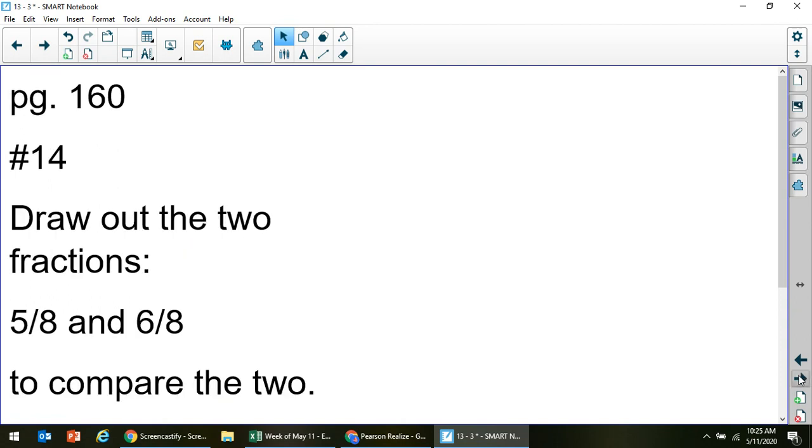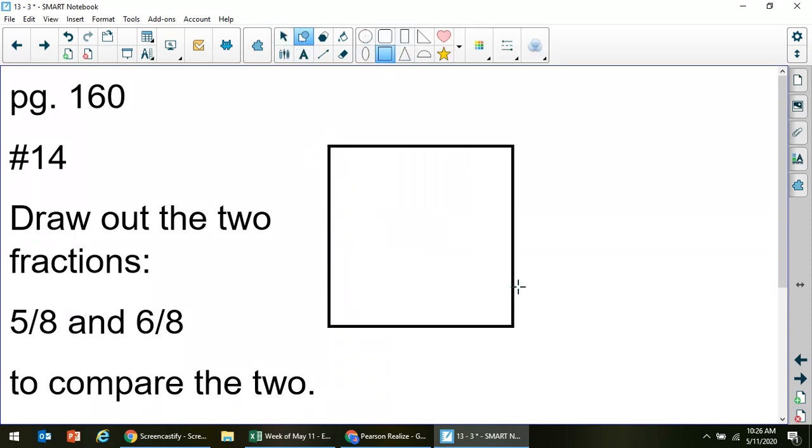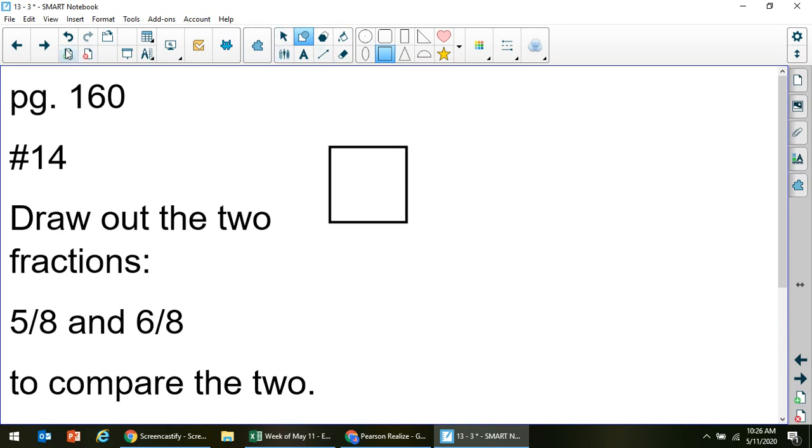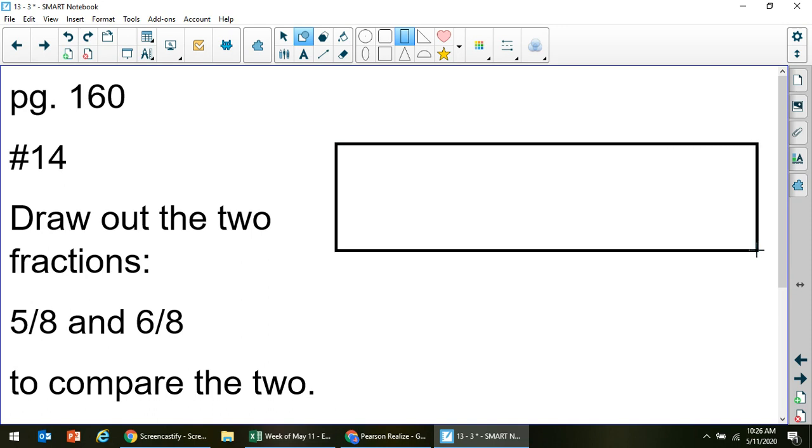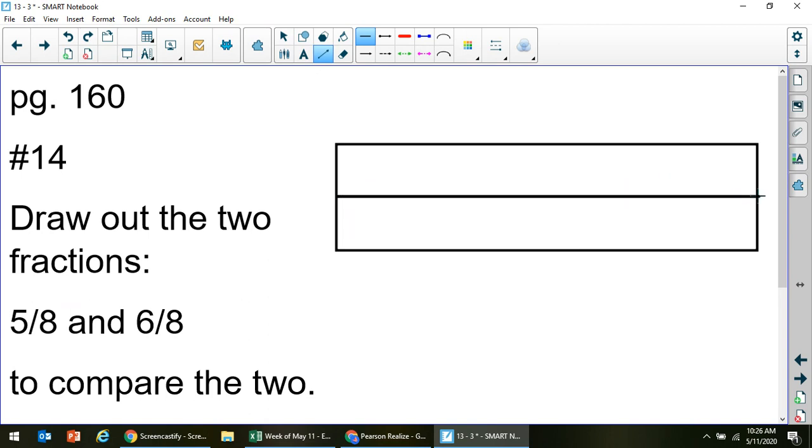For number 14, you need to make sure you draw out the two fractions, 5/8 and 6/8. Make sure they're the same whole. So when you're drawing your eighths, make sure you make it exactly the same. So I would draw my large fraction strip, okay? And then I would split it into eighths and eighths because they're both split into eighths.